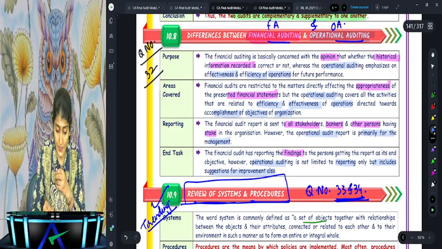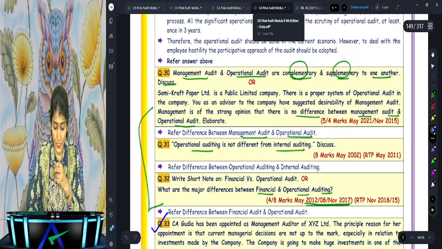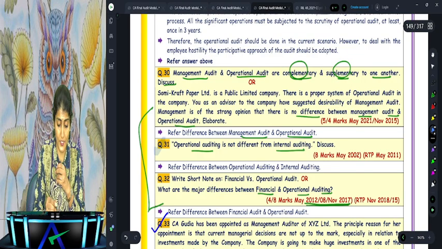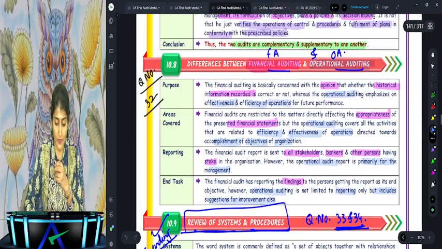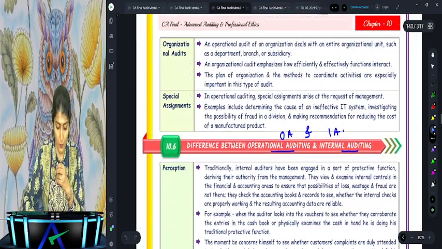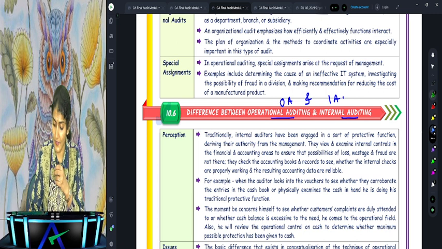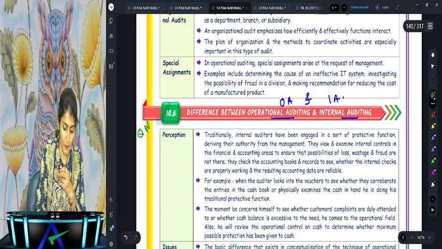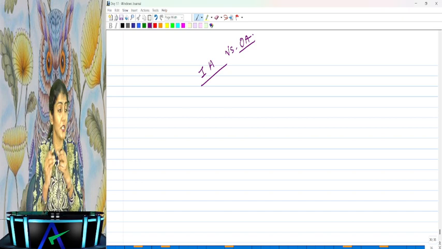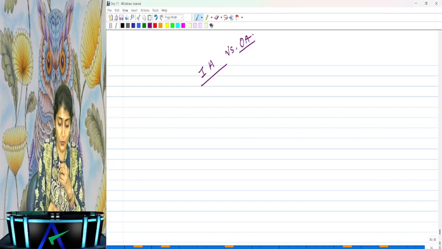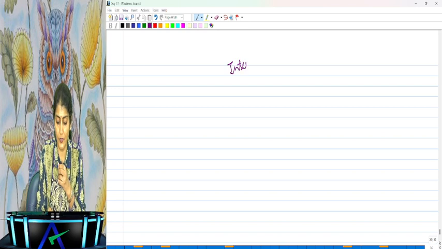Is it right? Internal audit versus the operational audit. Where is that question? That is question number 31, which is regarding the difference between the operational audit and the internal audit. Do you have a rough understanding of what is internal audit? Did we today discuss the definition of internal audit?